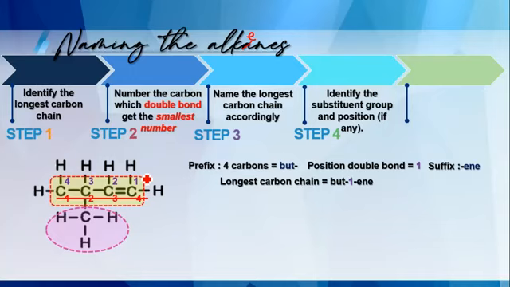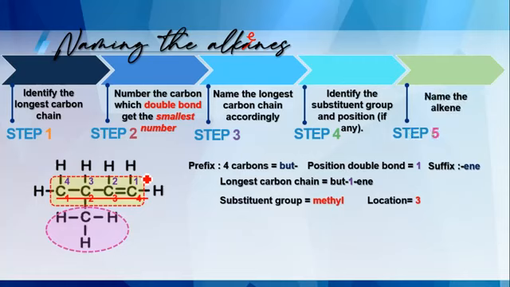You cannot suddenly assign the smallest number for the substituent group instead. You cannot do that for alkyne because we are using the purple numbering system. In this case, our substituent group is located at carbon number 3. The substituent group is methyl. Location is number 3.